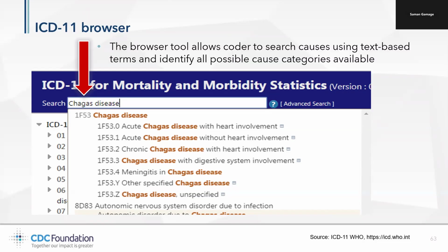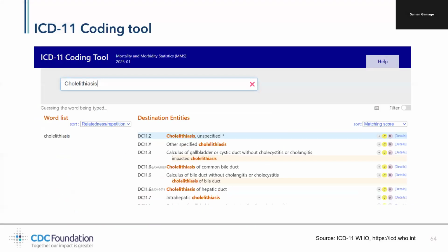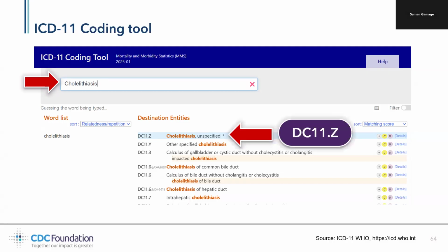You can also use ICD-11 codes for search. The ICD-11 coding tool looks like this. It's simply a Google-style search. You can just type in what you want to search and you will get the result instantaneously. And we will learn more about the browser and coding tool in future Coder Web training sessions.